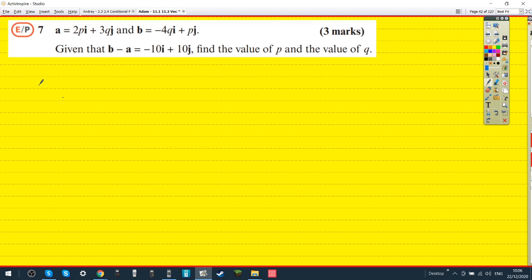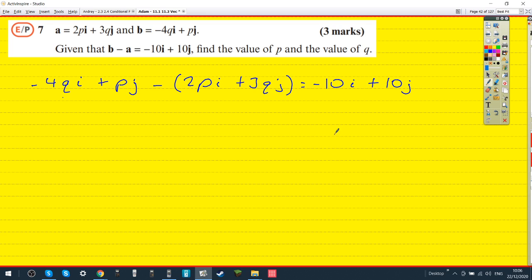B is -4QI plus PJ, minus A. So that's going to be take away, and that gives you that.